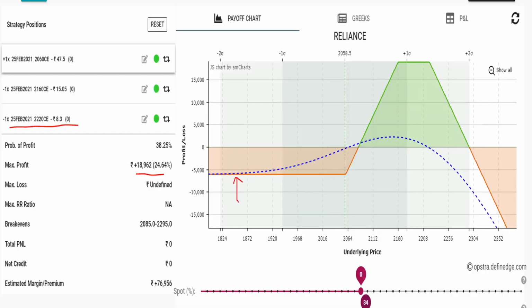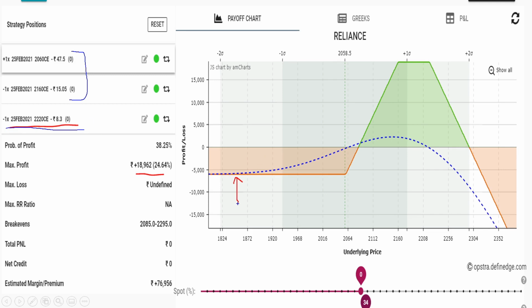Now let's see in this example. So this was our original leg, bull call spread, and we have entered a 2220 call at 8.3 rupees.